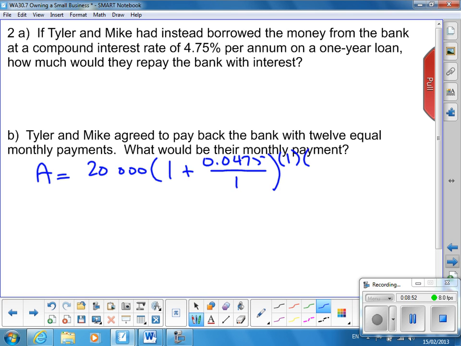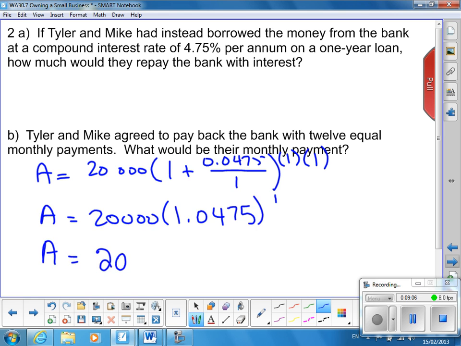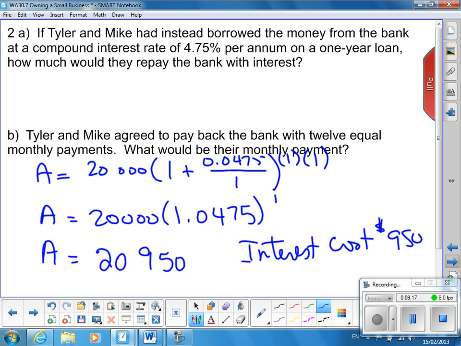And this time it's only for 1 year. The total is $20,950. The interest cost is $950. That is the total that must be paid back on the loan minus the amount they borrowed.